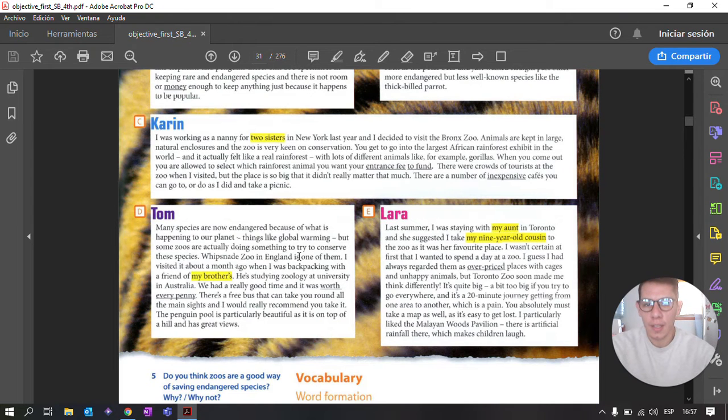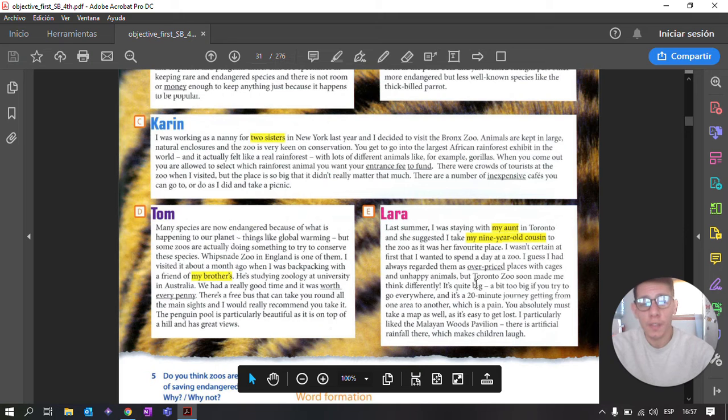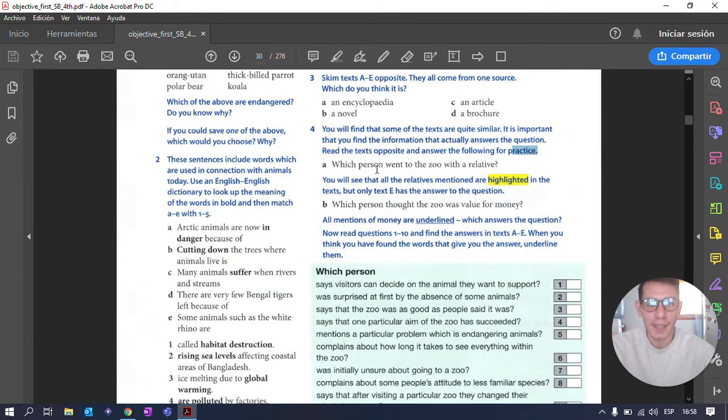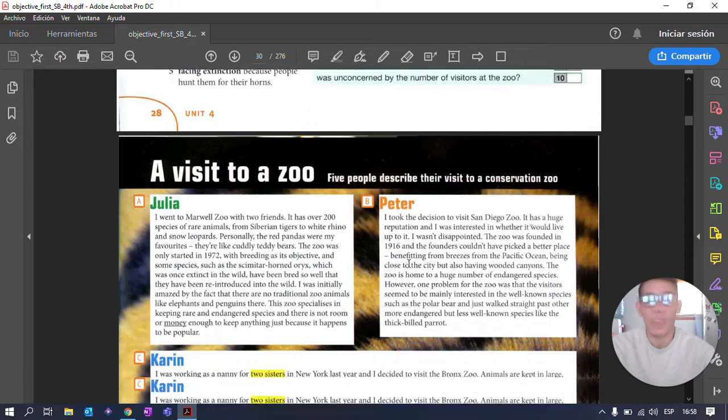This one says, I visited about a month ago when I was backpacking with a friend of my brother's. Last summer, I was staying with my aunt in Toronto, and she suggested I take my 9-year-old cousin to the zoo. So which of these articles, which person went to the zoo with a relative?